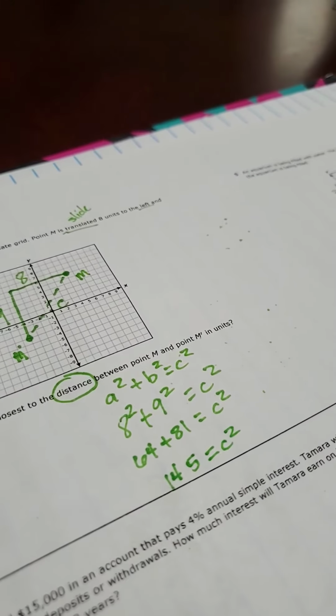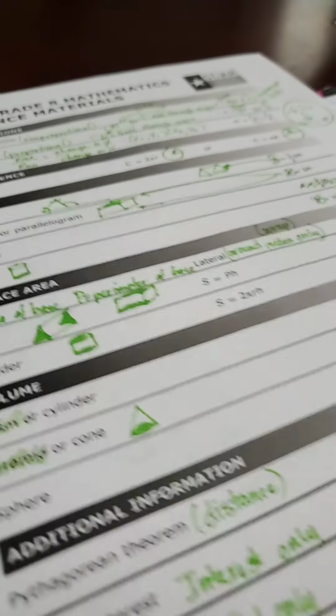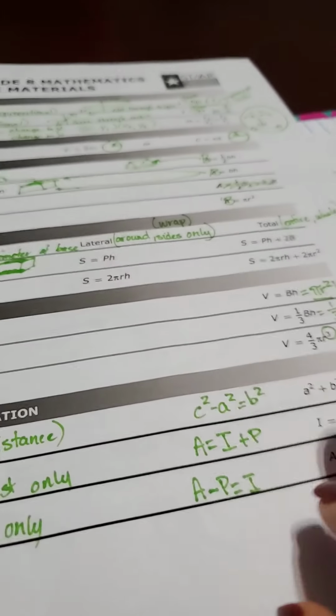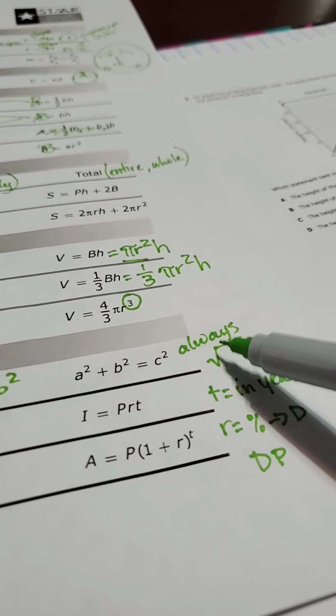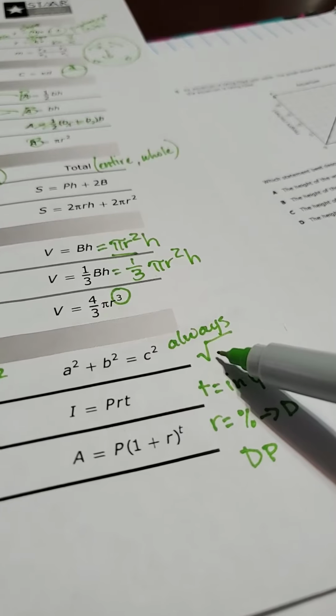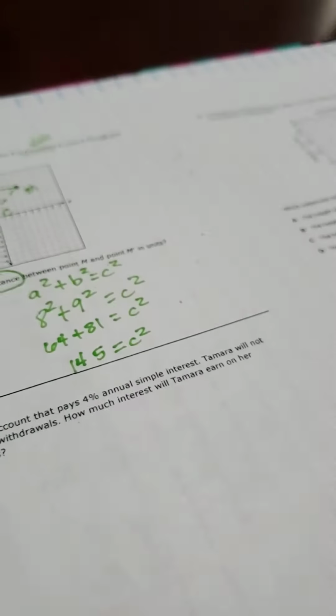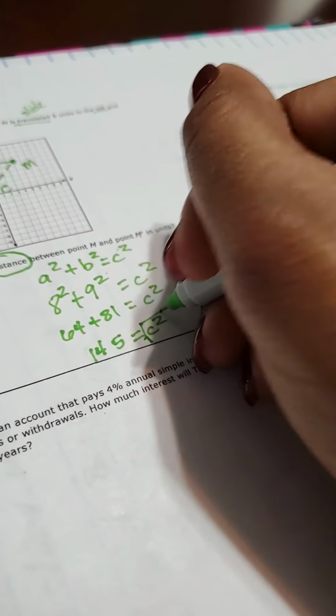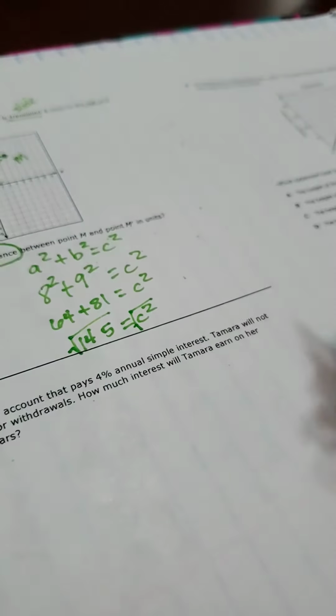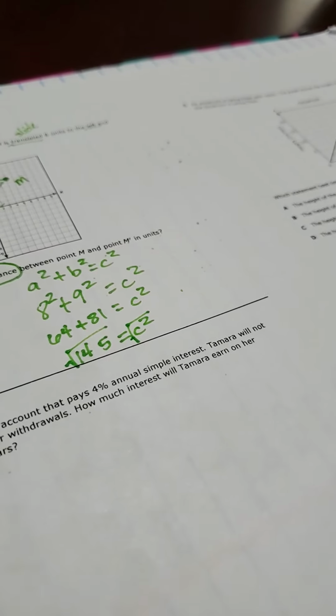Now, here's the thing. On your brain dump, it says distance, and it also says always square root. So, yes, I got c squared, but I don't want c squared. I want to find c. So, in order to do that, I must take the square root.